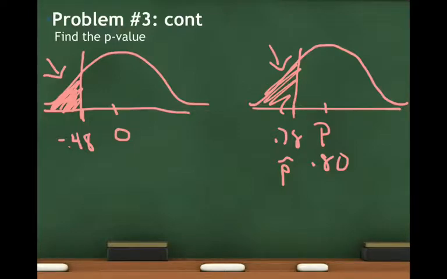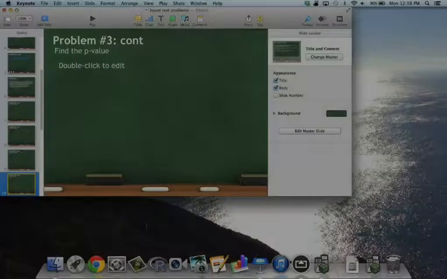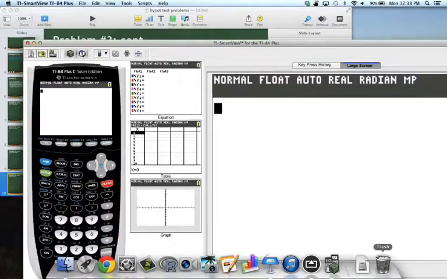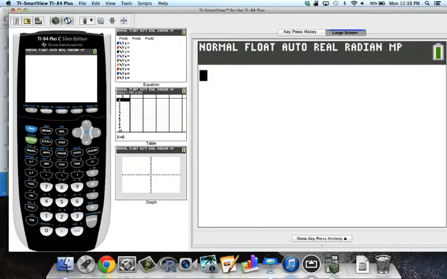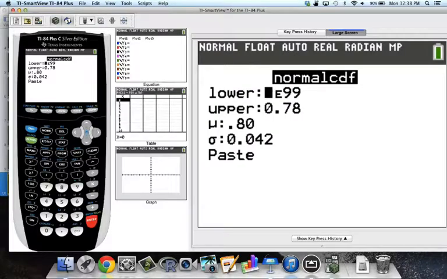What you want to do next is take your calculator and find your p-value. Remember, when you're looking at your p-value, you're going to hit second VARS, go down to the second, normalcdf, and hit enter. Here we're looking for less than, so for the lower bound we have minus E99.